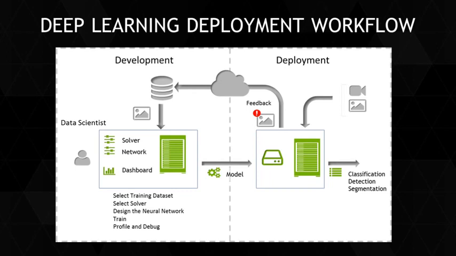So GPU acceleration is critical in the development stage in the data center, but also massively accelerates this deployment stage to get high throughput for production systems, whether they're embedded or in another data center. So that's all the deep learning material I'm going to cover today.